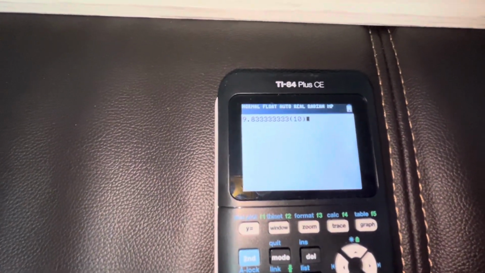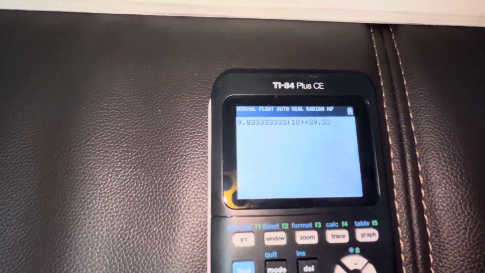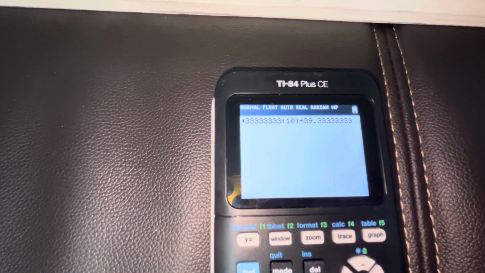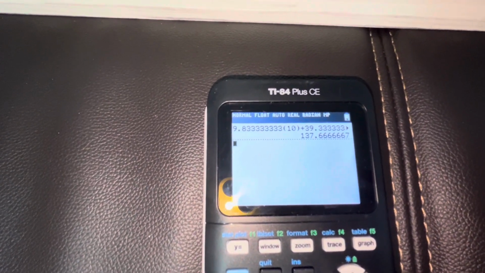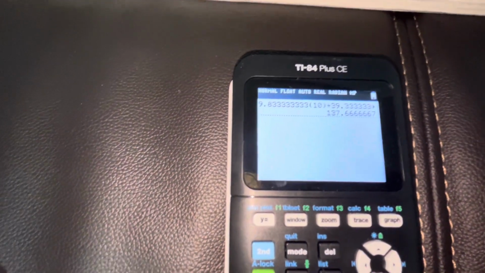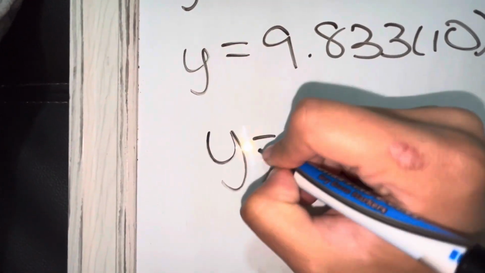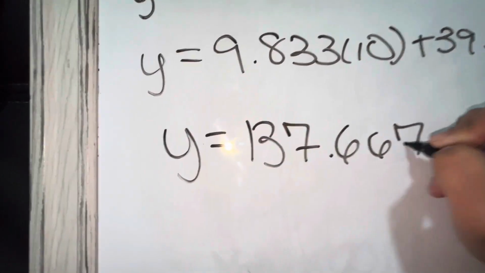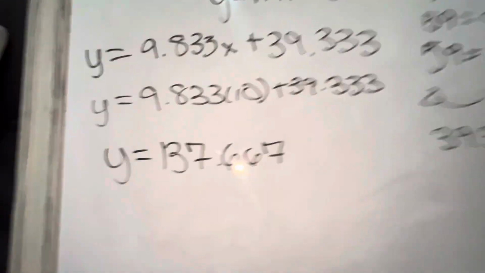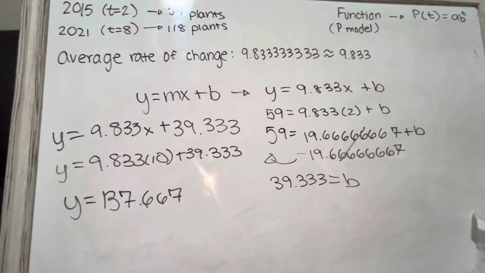Times 10 plus 39.3333333 equals 137.666667. So you could round that to 137.667 as a decimal approximation. You're going to round it to the third decimal, and there, that's your answer. That's what it is at t equals 10 years. So that's how you find it.